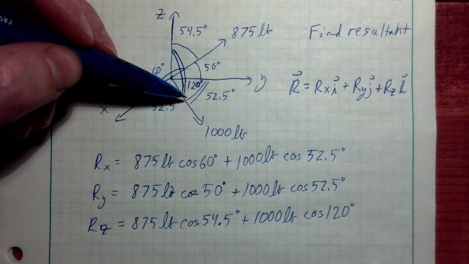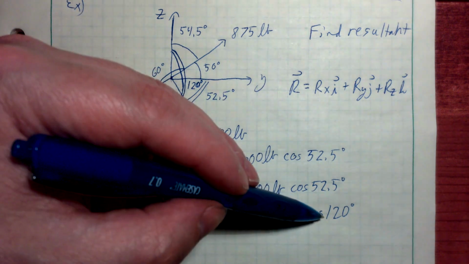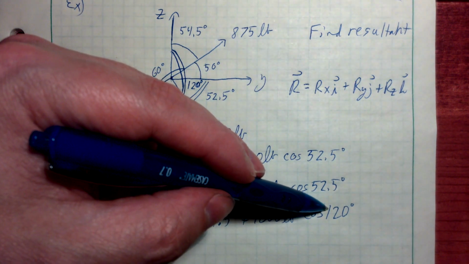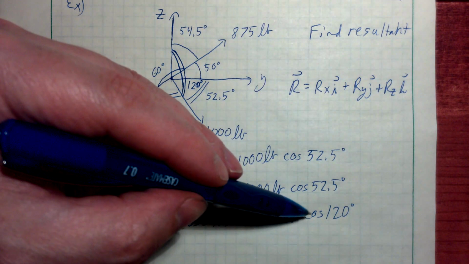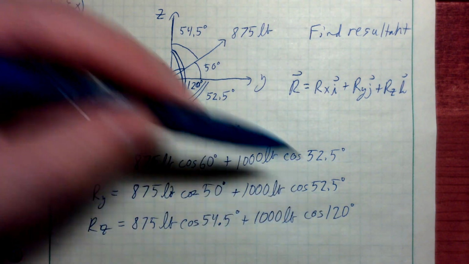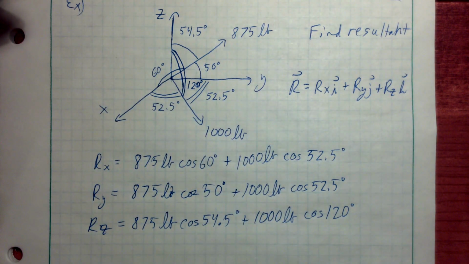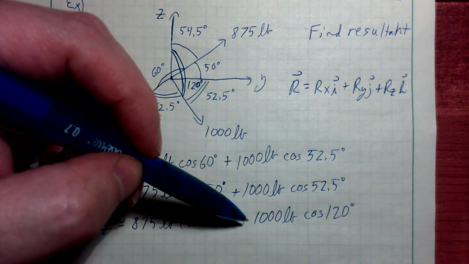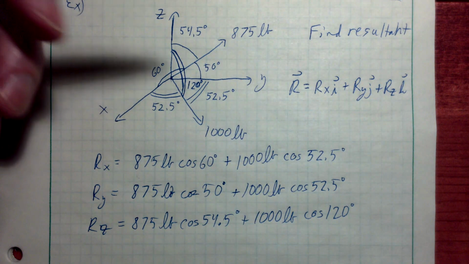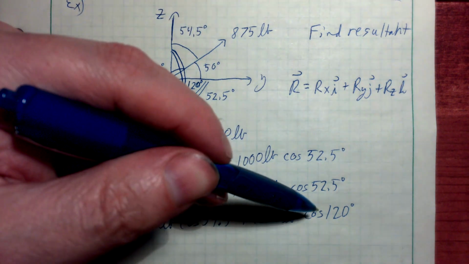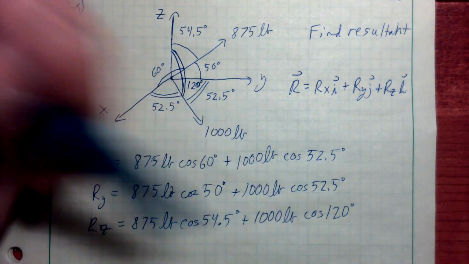So if you want to say it's in the minus z direction, that's fine. Just use 30 degrees here, and then you could throw a negative sign. But if you take the cosine of 120, you're going to get negative one half, right? So you don't want to have a negative and then take the cosine of 120. You either want to have minus cosine 30 or you want to have plus cosine 120.